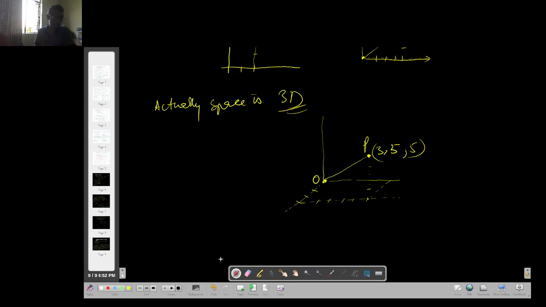So now let us talk about the position vector. This was the Cartesian coordinate system. Now let me talk about the position vector and how it can be represented. Again I will consider such a diagram.